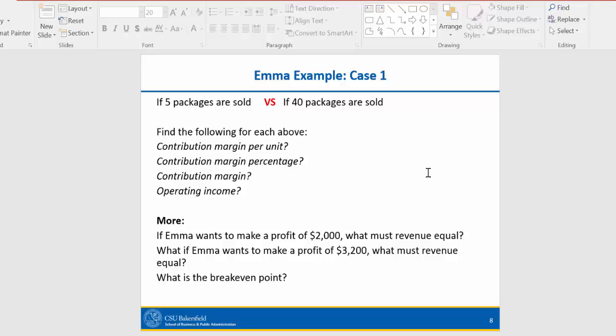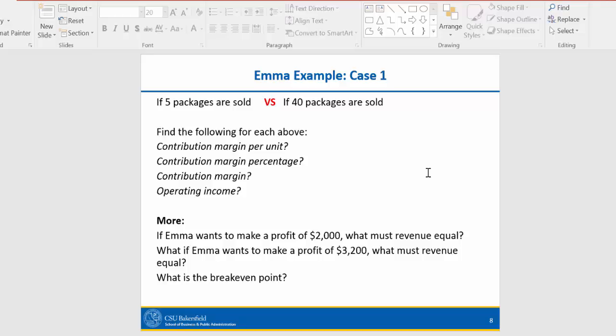Case 1 says that if Emma sells 5 packages or 40 packages, what is the contribution margin per unit, the contribution margin percentage, the contribution margin in total, and the operating income or profit?